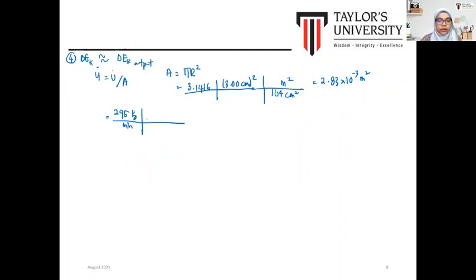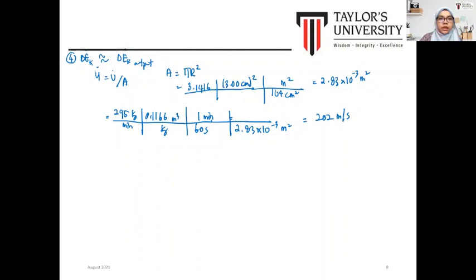So the density of steam is 0.1166 kg per m3. Then divide by 60 seconds per 1 minute and by 2.83 times 10 to the minus 3 m square. Then the answer is 202 m per second.